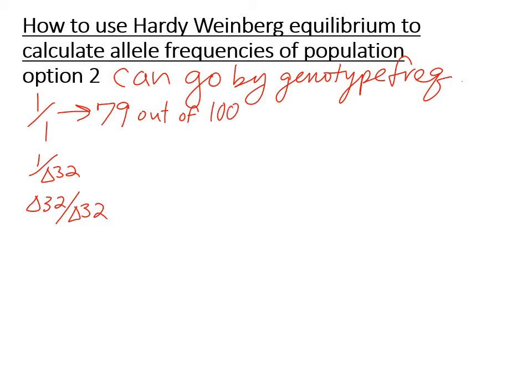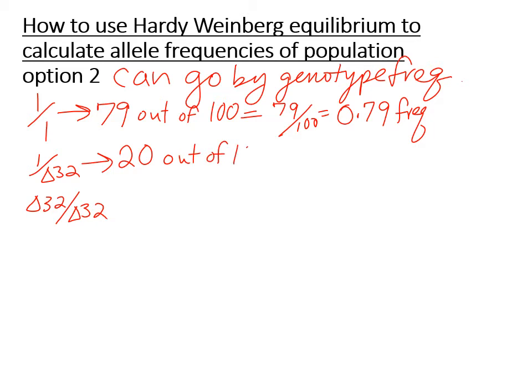Well, mathematically, what frequency is that? 79 out of 100 means 79 divided by 100, right? 79 divided by 100, which is equal to 0.79 frequency. The second genotype we said was 20 people out of 100 had that one. So you do 20 divided by 100, which gives you 0.20 frequency.